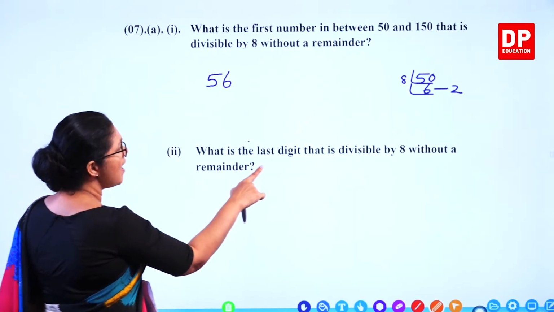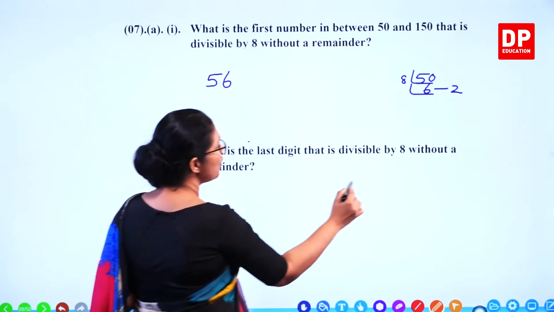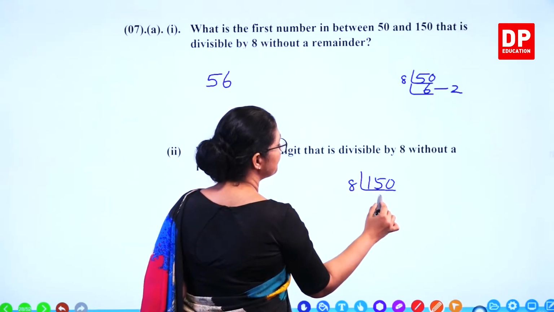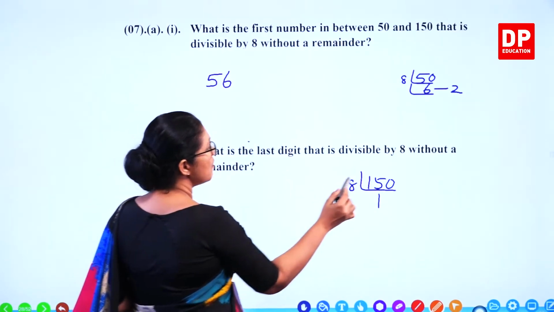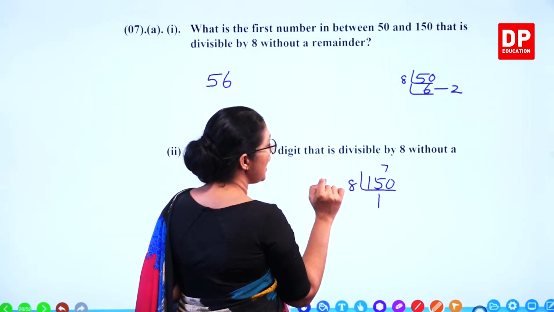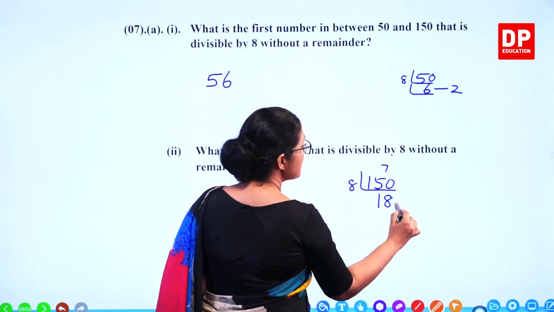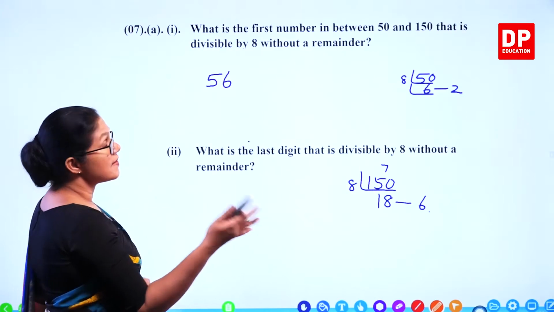Then what is the last number that is divisible by 8 without a remainder? We can do the same thing. 150 divided by 8. 8 times 1, 8. For 70, 8 times 8, 64. And 6 remaining. 6 remaining means that's extra 6.